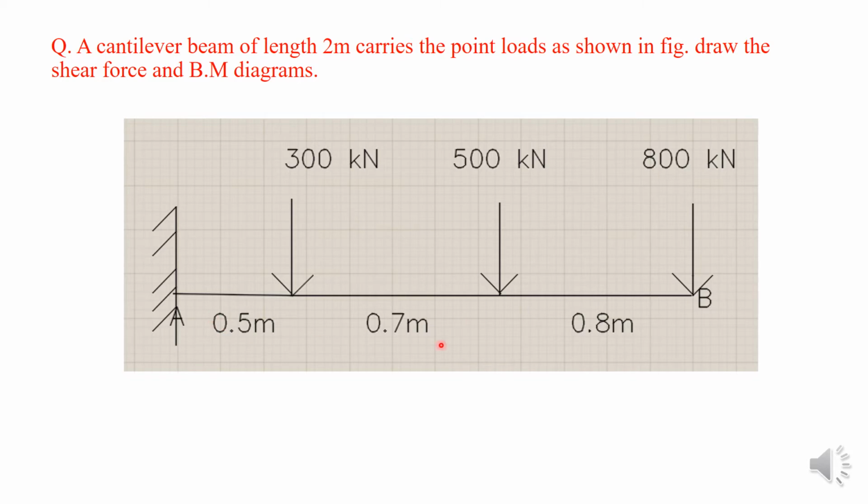The first thing you have to do is name the points on which the loads are acting and take individual spans. If we name this point as C, take the span BC and consider a section line which is at a distance H from B, and then take the shear force about that section line. Likewise, follow the same thing for the entire 3 spans and find out the values of variation of shear force.